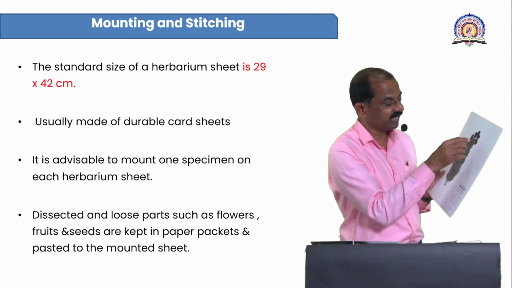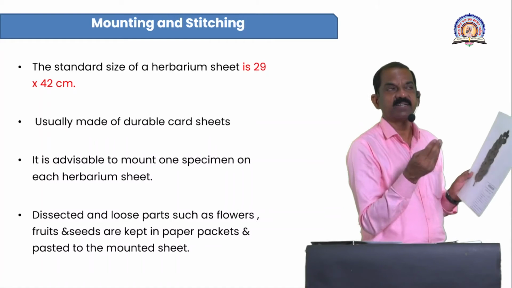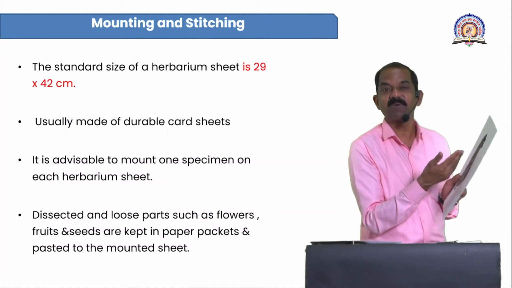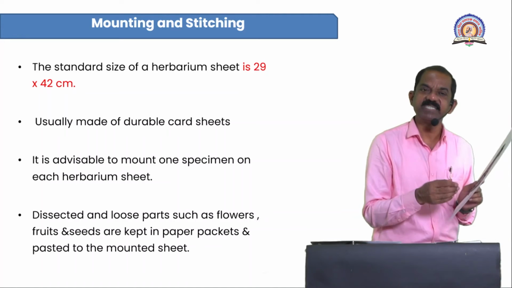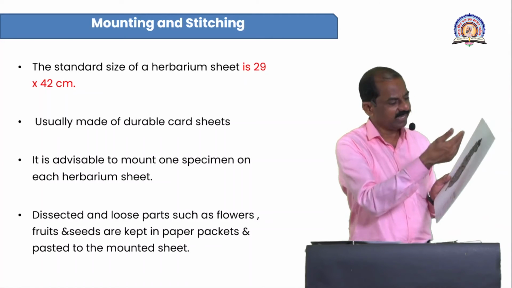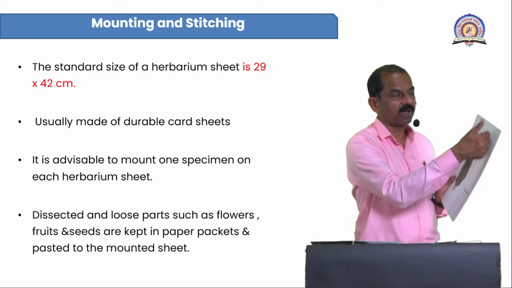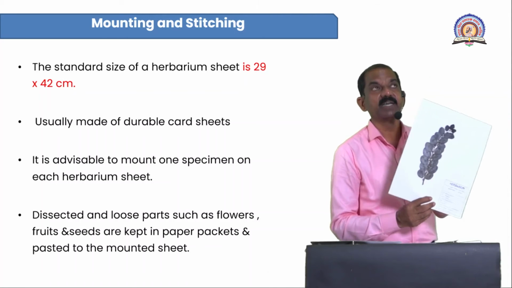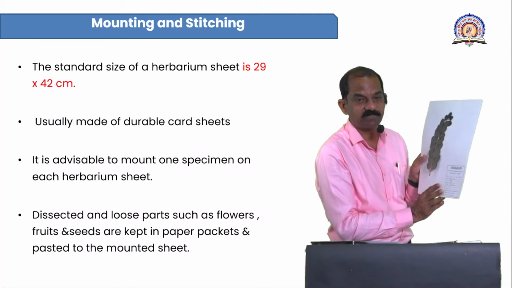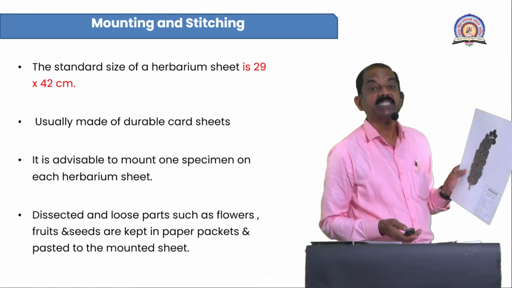They may also be pasted on the herbarium sheet, directly with the help of cello tape, or with fevicol, or stitched with thread. By any one method you can mount the plant specimen on the herbarium sheet. This is an important step in the preparation of a herbarium, the mounting and stitching.